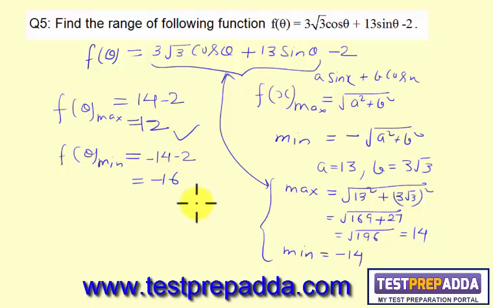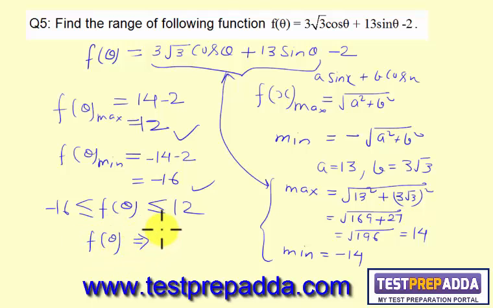So we got the maximum and minimum values, and the range is what? f(θ) lies between these two values. So the range of f(θ) will be written as minus 16 to 12. So this is the range of function f(θ).